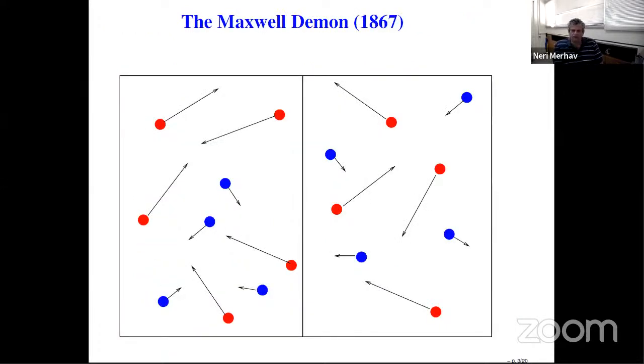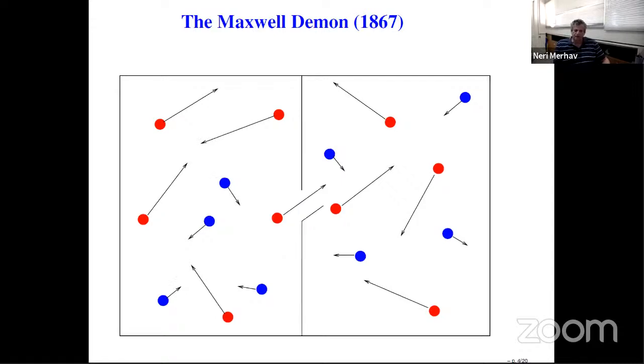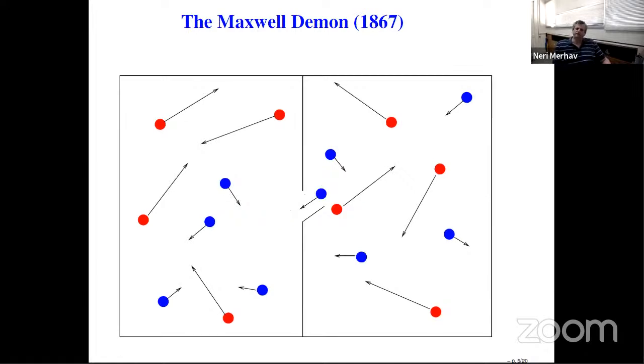So going back to the good old Maxwell demon from about 150 years ago, we all know that we take a volume with gas and put a barrier in the middle, and we open the door from left to right whenever we encounter a speedy particle, and we open it in the other direction whenever we see a relatively slow particle.